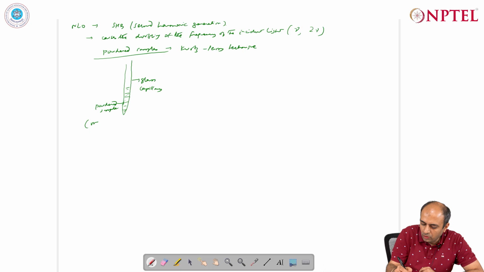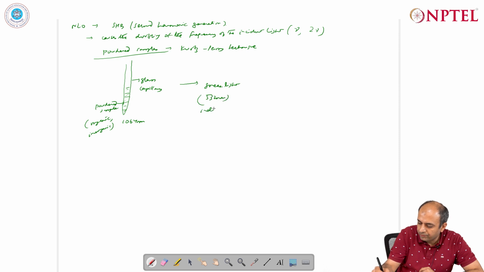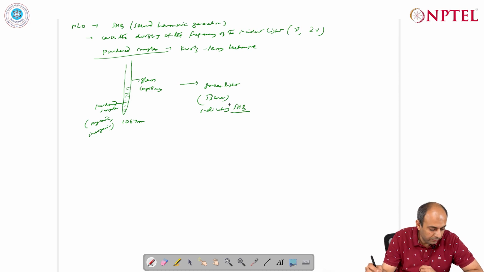The sample can be an organic or inorganic material, and you shine light of 1064 nanometer, and what comes out is the green light of 532 nanometer, indicating second harmonic generation which is present in the material of interest.